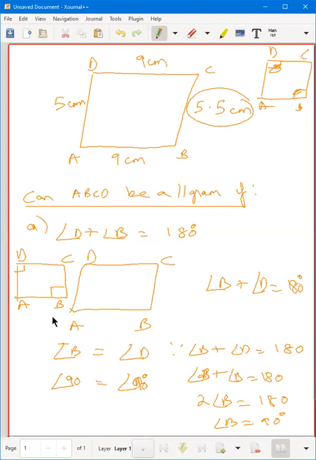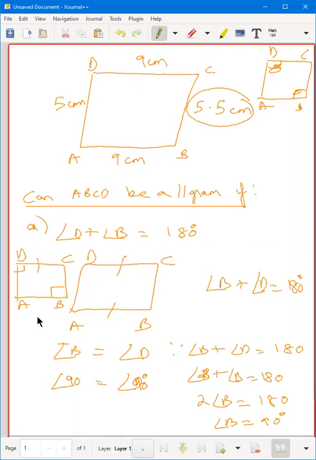Yes, Sarah? Yes, sir. Is a rectangle a parallelogram? It is, right? What is the condition for a parallelogram? Opposite sides are equal.